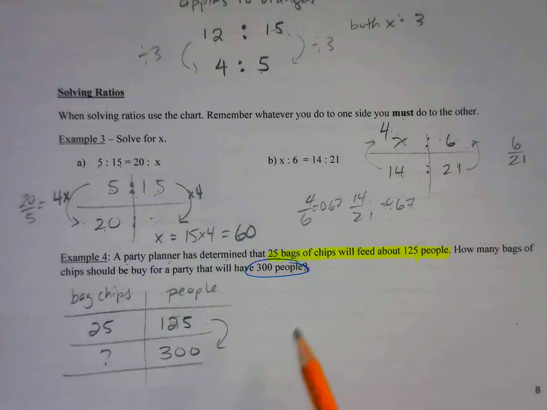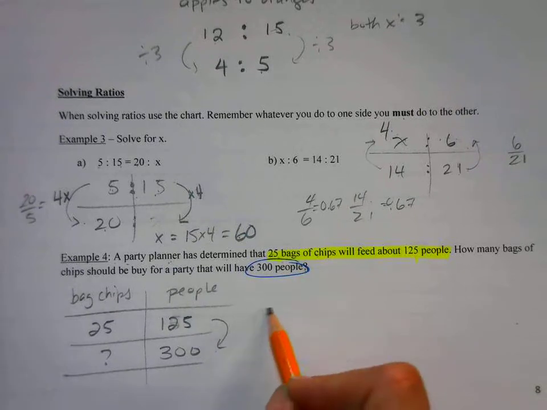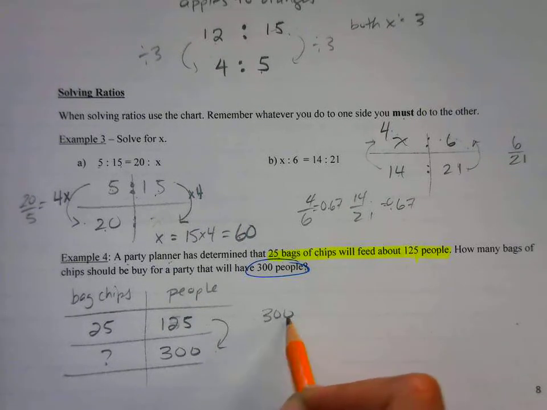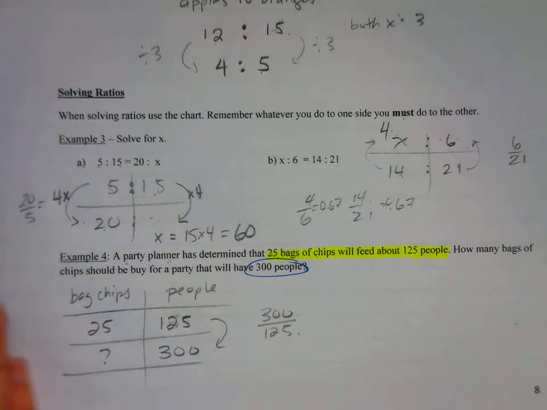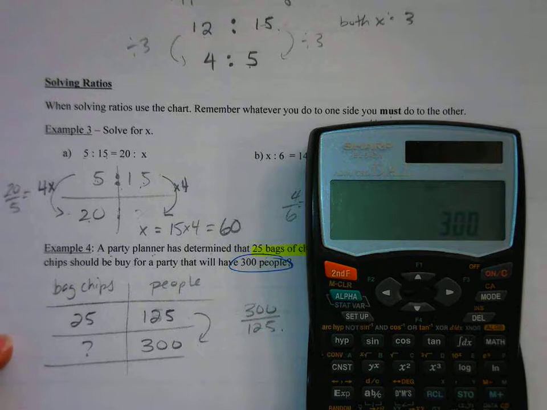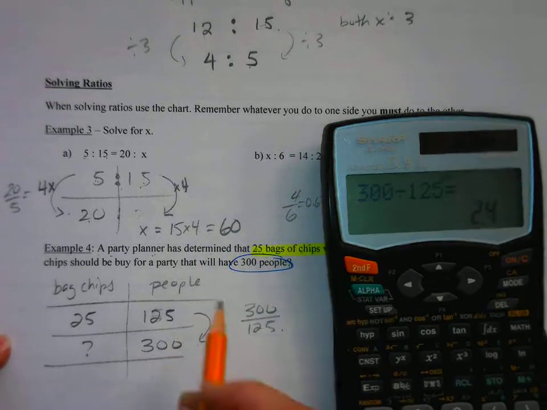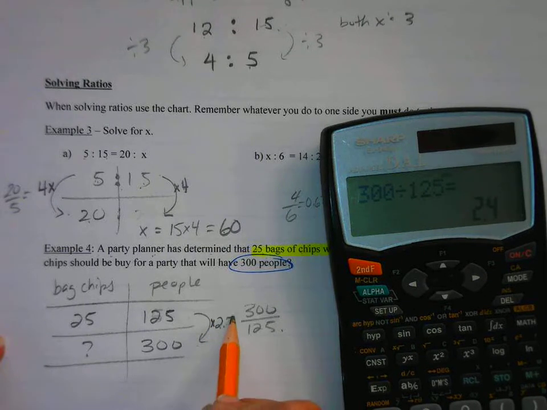So ask yourself, well, how many multiples of 125 is that? Well, take how many we want to have, divide by 125. So if we take 300, divide by 125, I get 2.4. So that means I should be multiplying by 2.4.